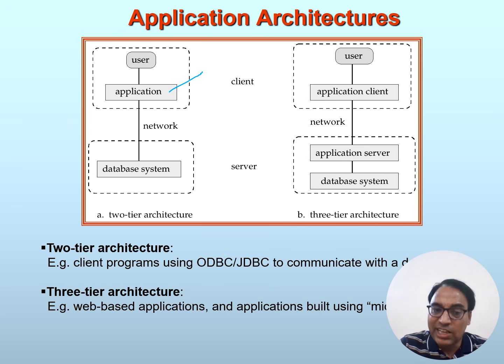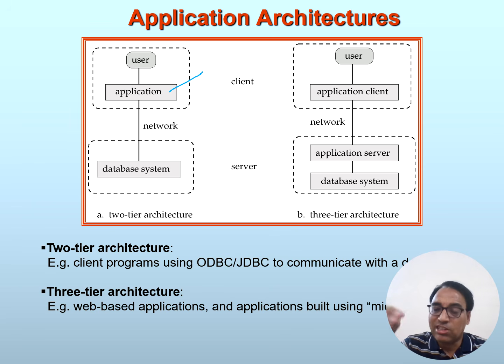In the three-tier architecture, what happens? I am connected through an application client to an application server. My application client is just a node to retrieve the data from an application server, which is itself connected to a background database system.